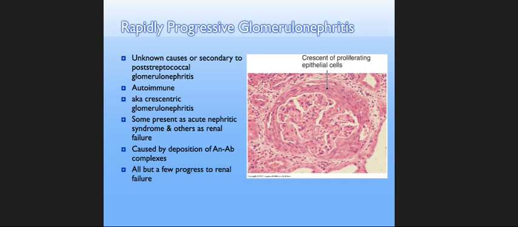So it is autoimmune. The beginning was infection with the streptococci, but the consequence is autoimmune. All but a few patients progress to renal failure. So it is again a very risky, very dangerous disease, and it holds a poor prognosis.